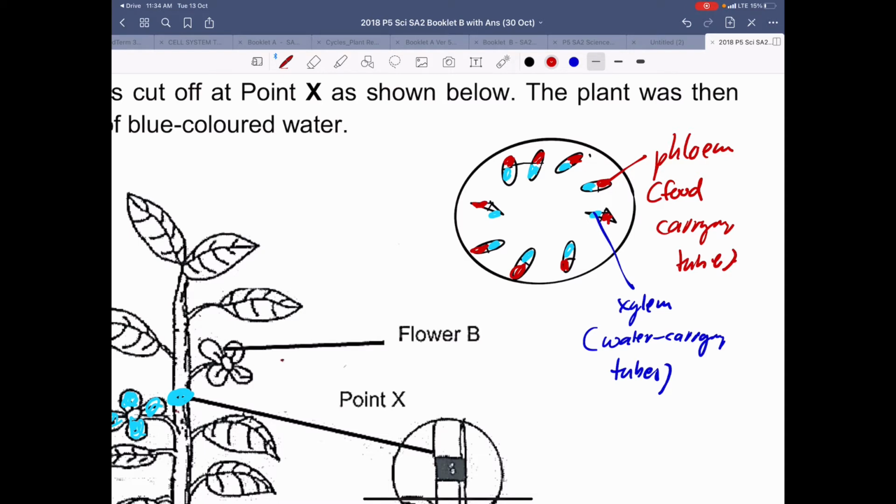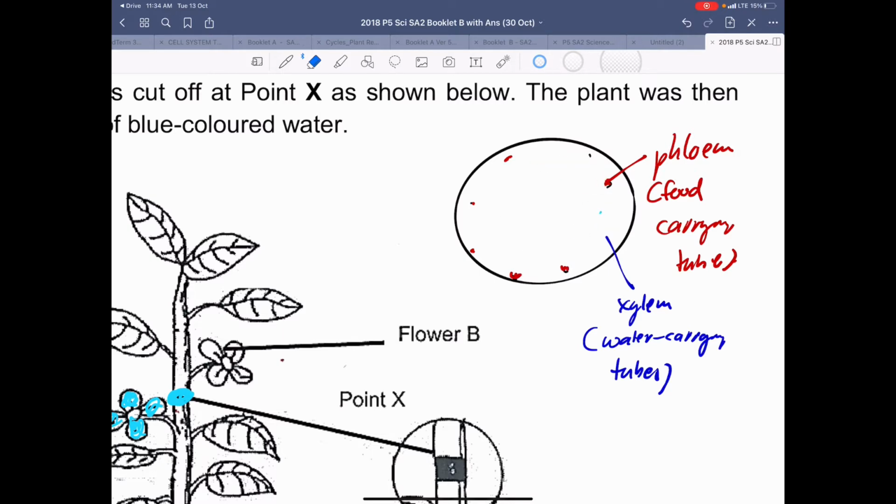Now, what happened is at point X, you have to understand that they cut it so deep until both were removed. I don't know how much they cut, but basically this was all gone when they cut.